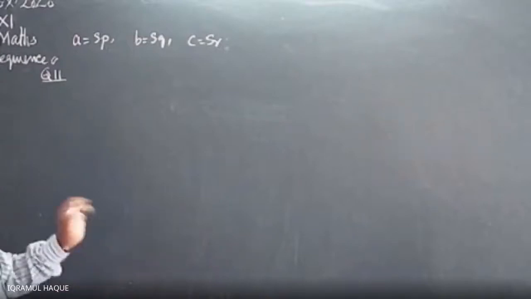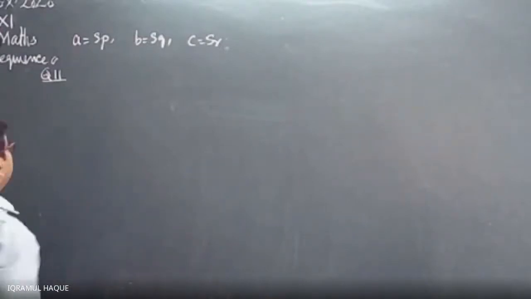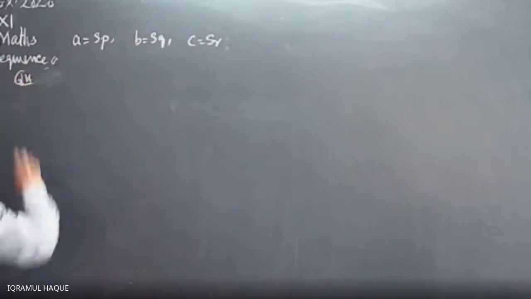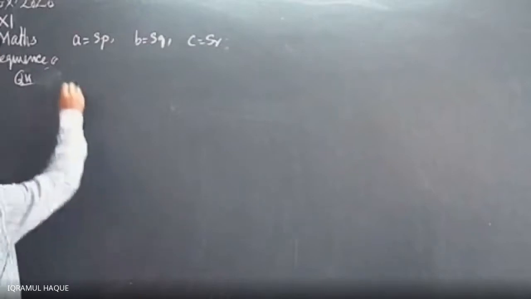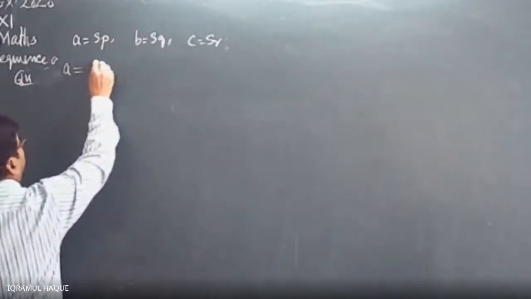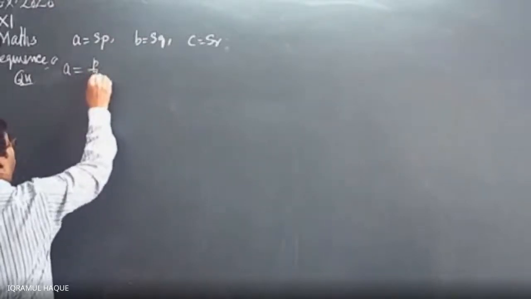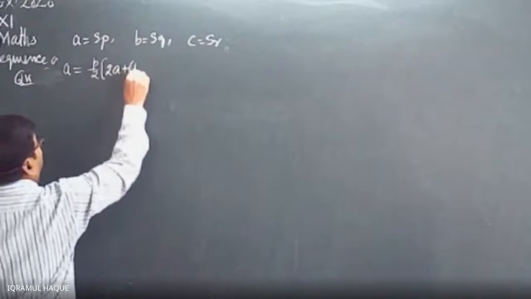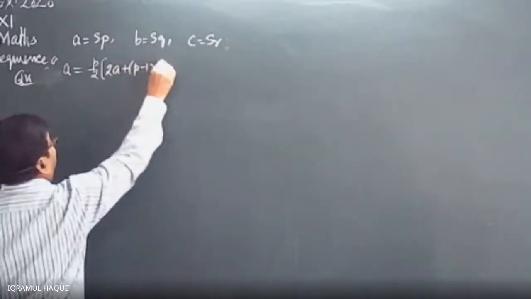So we have to prove. See, write the formula of sum of p terms, q terms and r terms. See, I'm writing a is equal to p by 2, 2a plus p minus 1 into d.